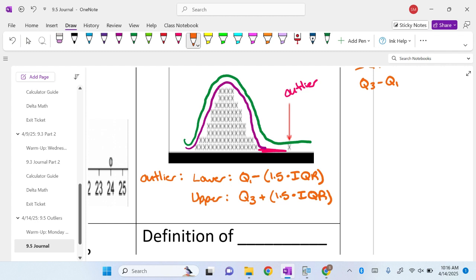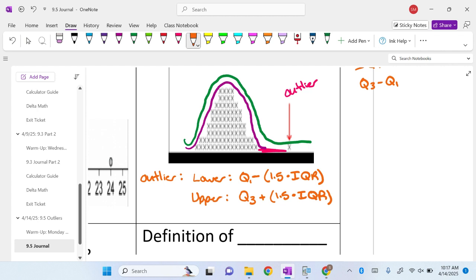Now, you may be wondering where these formulas even come from. The easiest way to explain it is through a box plot. Let's say that I had a fairly symmetrical box plot where I took into account the outliers. Your IQR makes up your entire box.